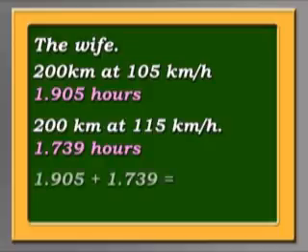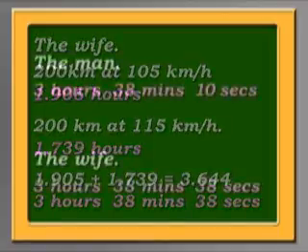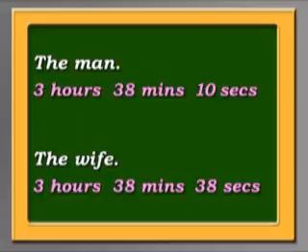If you add these 2 together, you get a total of 3.644 hours. And if you convert that decimal into hours, minutes and seconds, you get 3 hours, 38 minutes and 38 seconds. So which one was faster, the man or the wife?